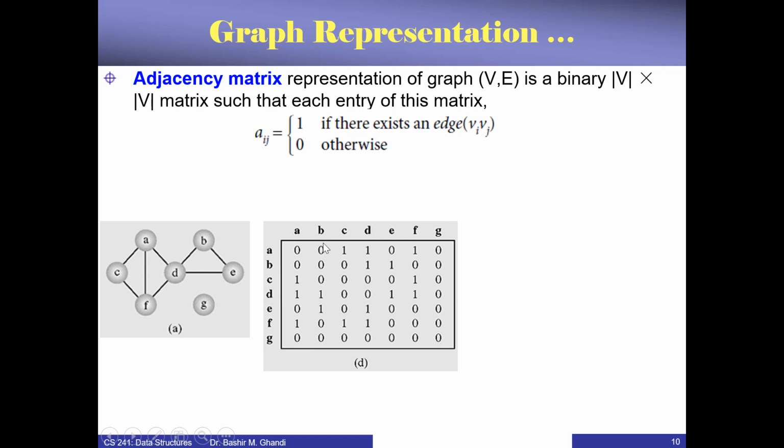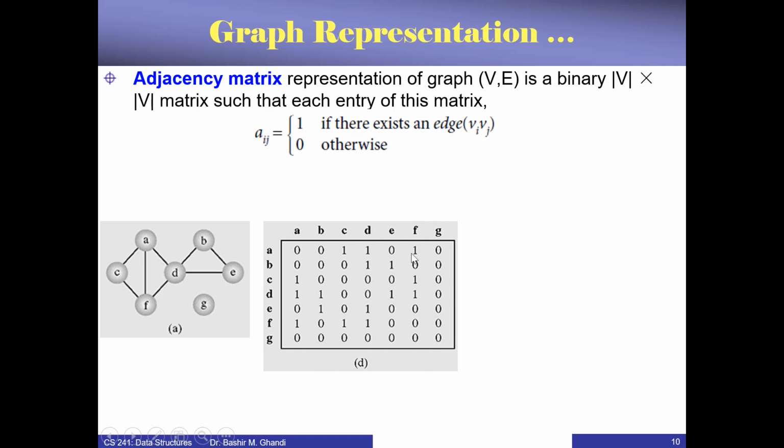Okay, now for the other cells, we will put 1 if there is an edge, AC for example. Of course there is AC. But there is no AB, so AB will be 0. See, there is no edge here, there is no AB. But there is AD and AF.